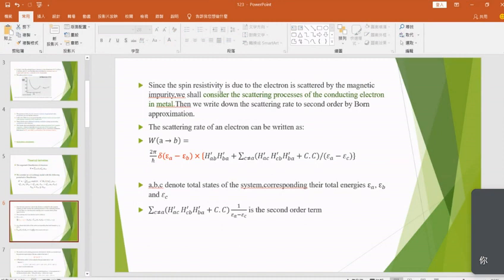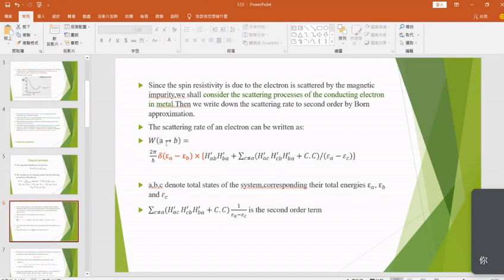Because this is a scattering process of the conducting electron in metal, we want to find the resistivity of this process. So we need to first write down the scattering rate or the transition rate, because the duration we need.